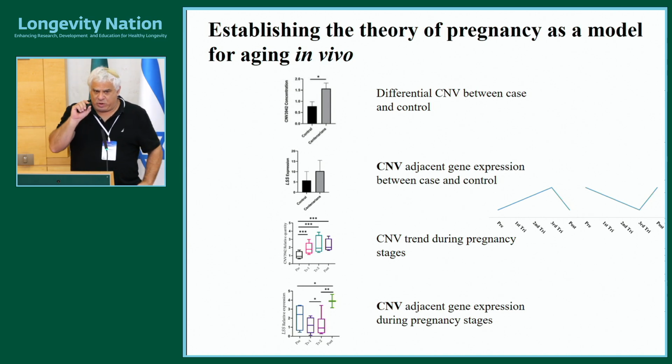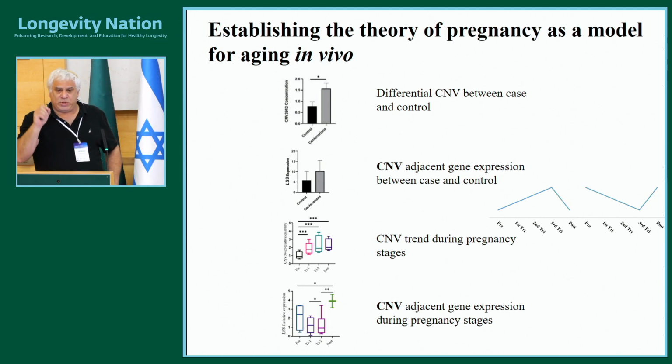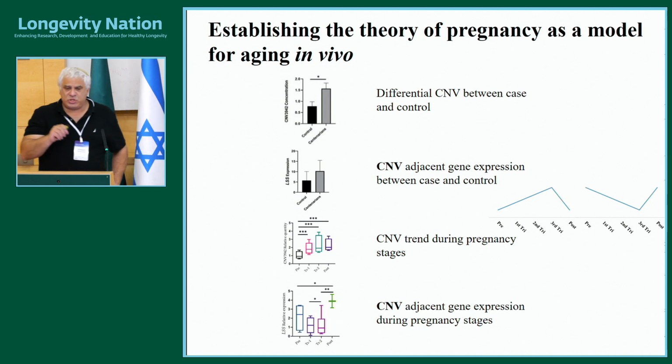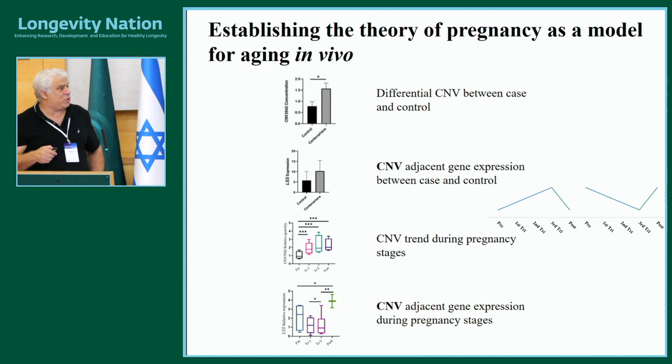And here I want to draw your attention to this scheme. What you see here is what we look for: a trend. Either it goes up with the trimesters and after labor it goes down, or the other way around, it goes down with the trimesters and goes up after delivery, and this counts not just for the CNV, it's also for the gene expression.